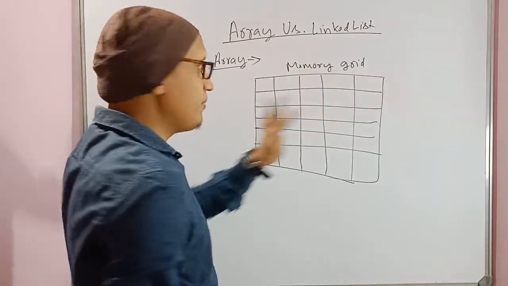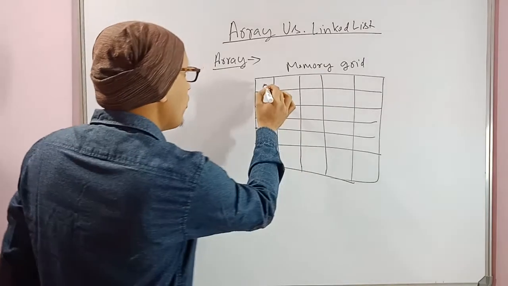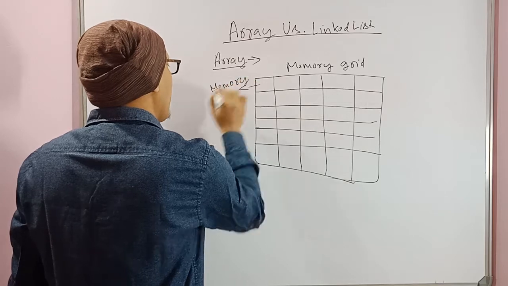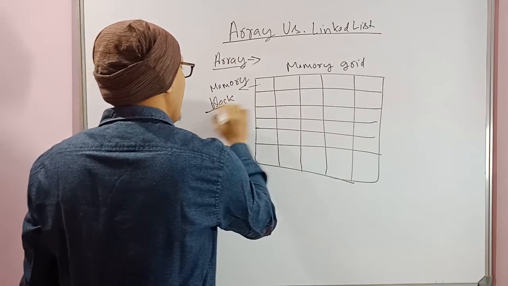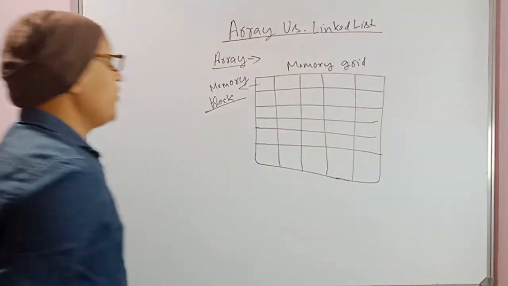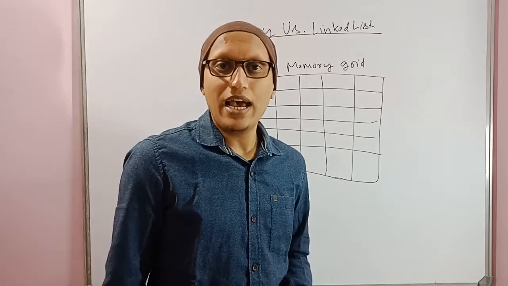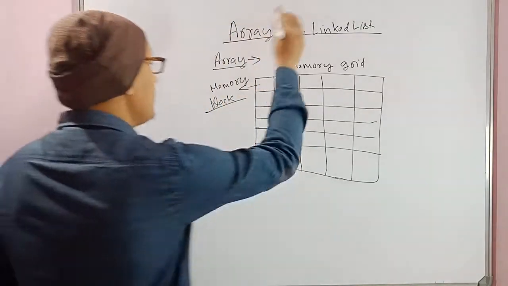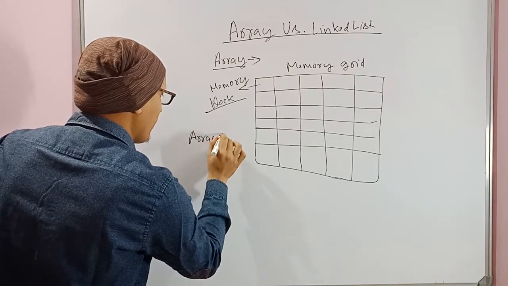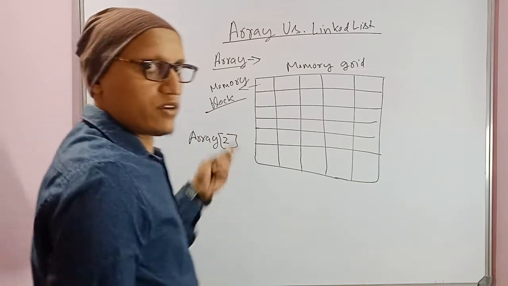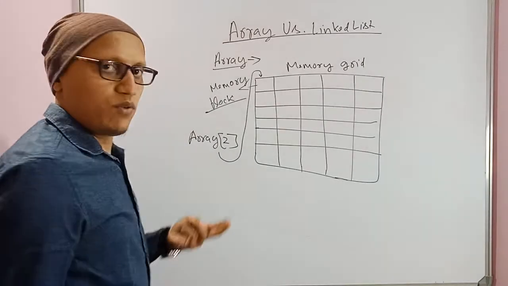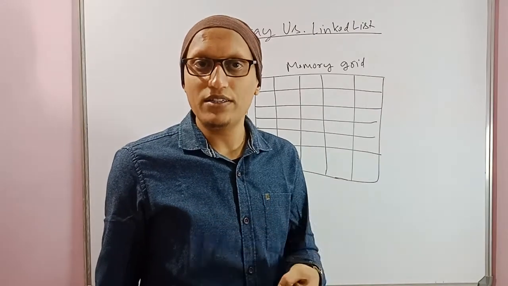Suppose this is a memory structure, where all these blocks are memory blocks. How does an array behave when we allocate it? Suppose we are allocating an array of size 2. It will check in the memory grid whether two contiguous memory locations are available.